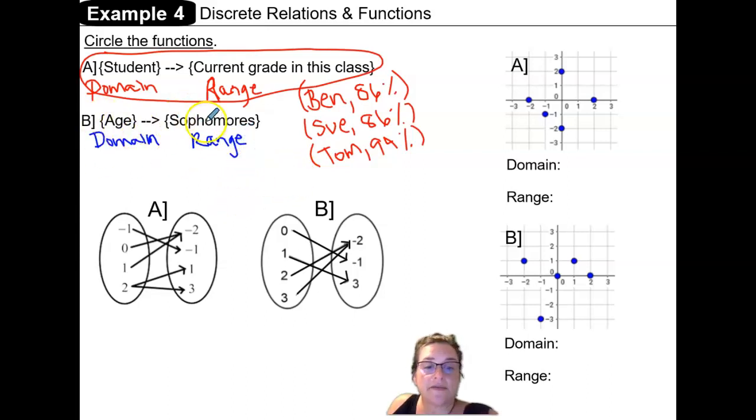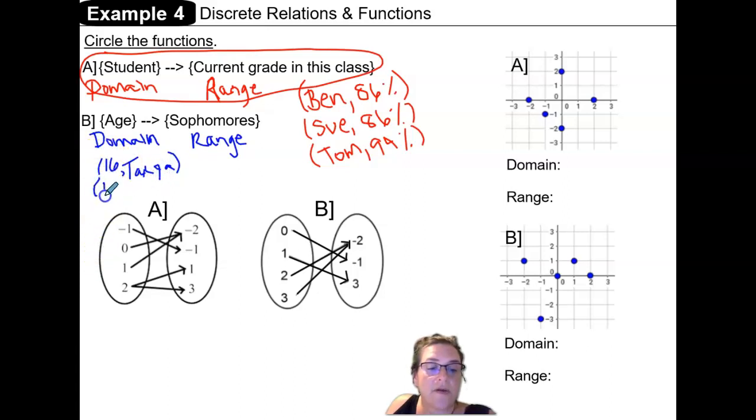Okay, so let's think of some ordered pairs. So age, let's say 16 would be an x, right? That's an age of a sophomore. So let's see, somebody from the element of sophomores might be Tanya. Okay, so Tanya is a sophomore who is 16.